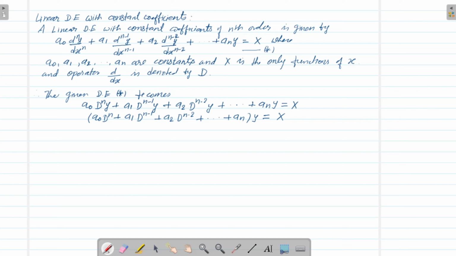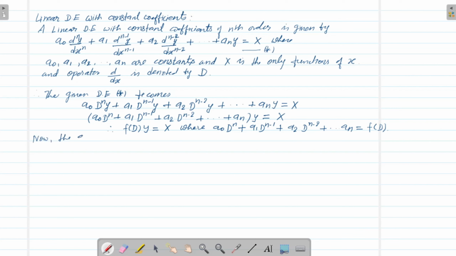Therefore this becomes f of D times y equal to x, where a naught D raised to n plus a1 D raised to n minus 1 plus a2 D raised to n minus 2 plus up to a n is a function of D.